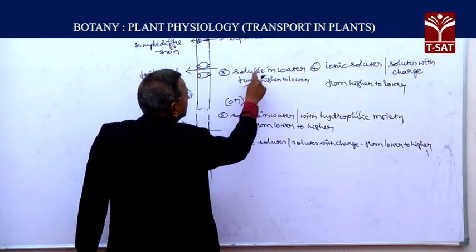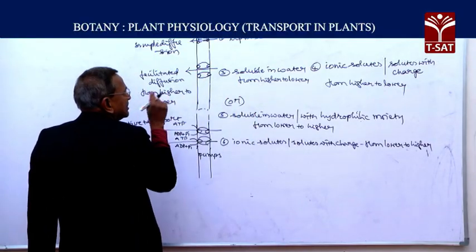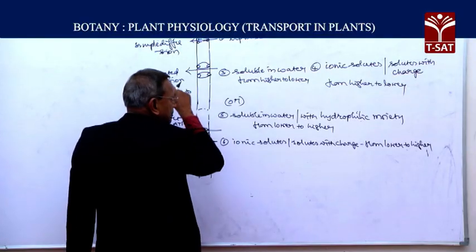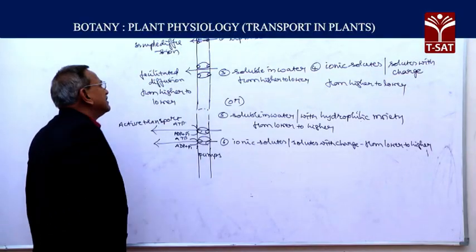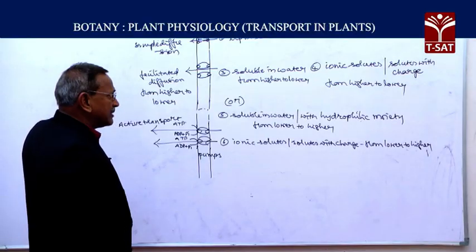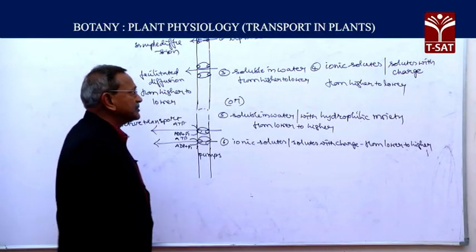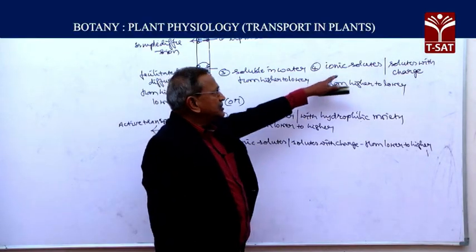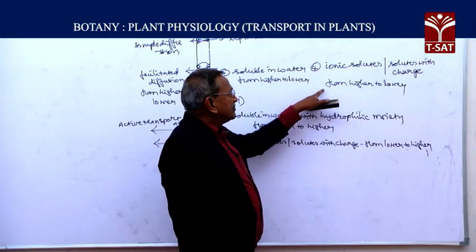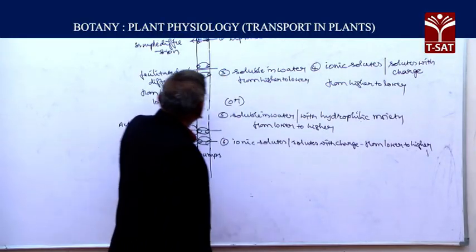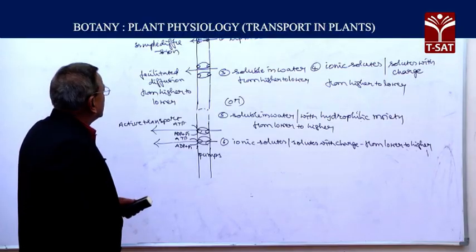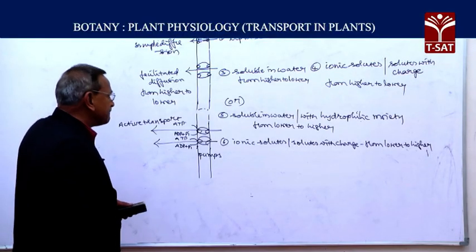Any solute soluble in water from higher concentration to lower can be transported through facilitated diffusion. And ionic solutes or solutes with charge from higher to lower can be transported through facilitated diffusion.